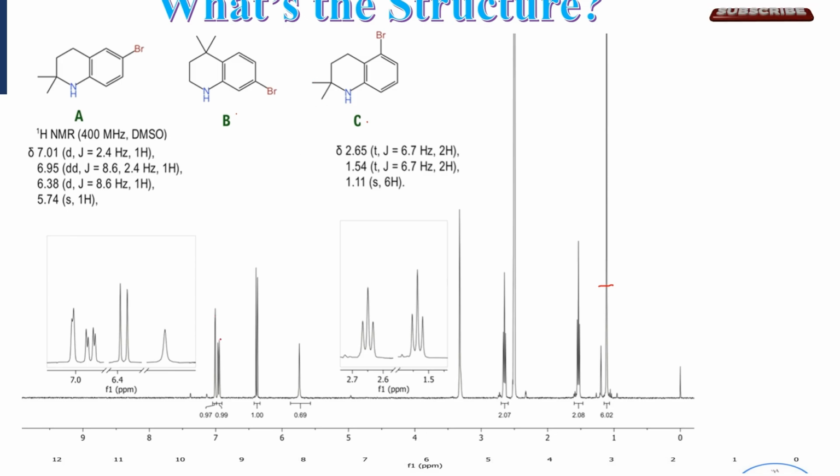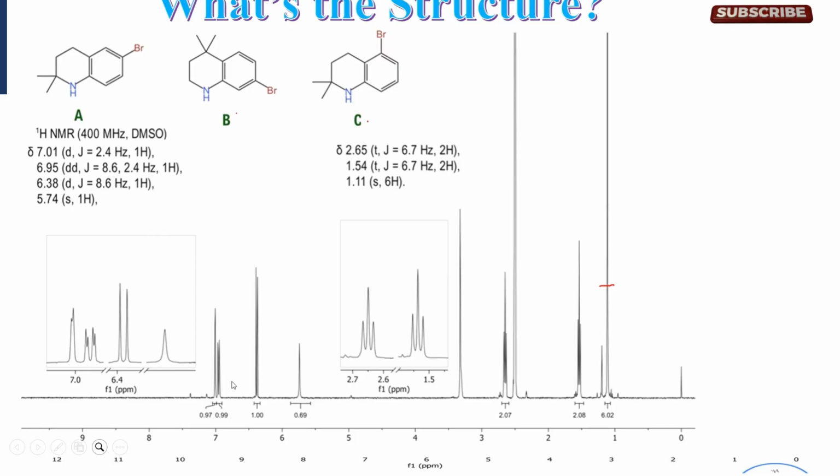So in this video I will try to tell you how to interpret the given 1H NMR. Let us look at the signals for the protons in the aromatic region.